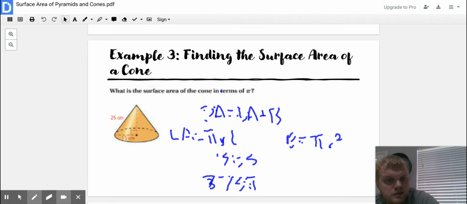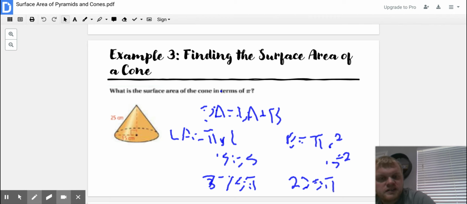Our radius here is 15, so it's 15 squared. 15 times 15 gives us 225 pi. My last step is to add those two numbers together and leave pi at the very end since they want it in terms of pi. So 375 plus 225 gives me 600 pi.